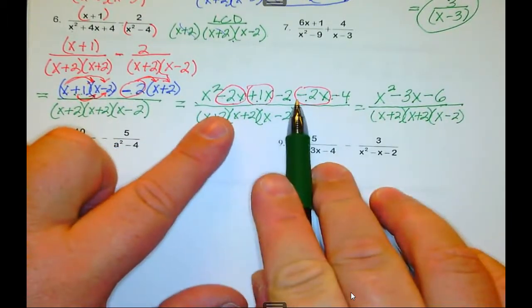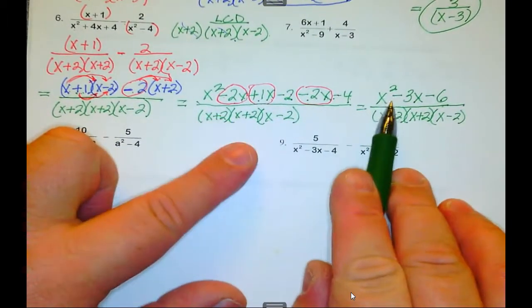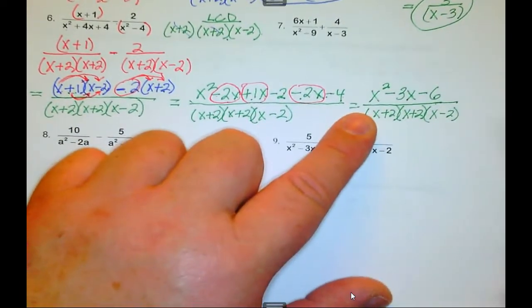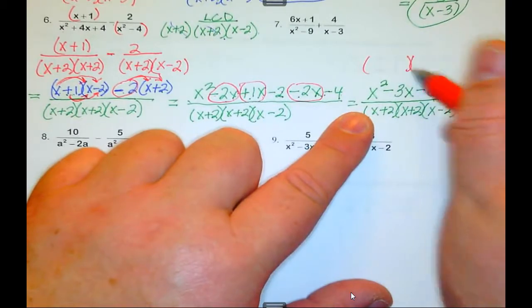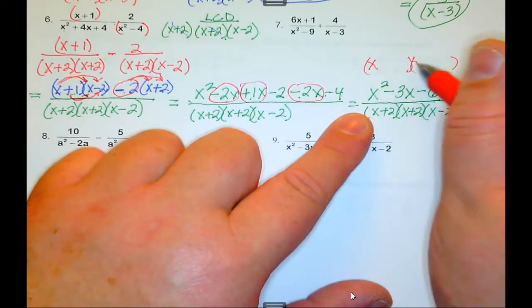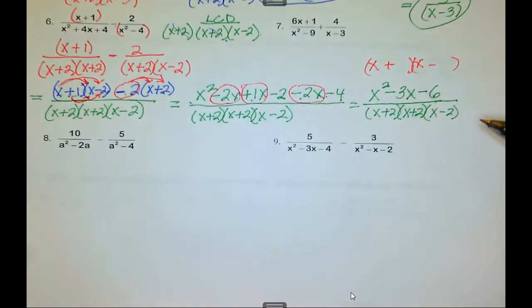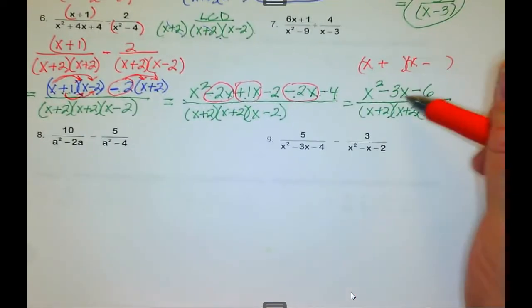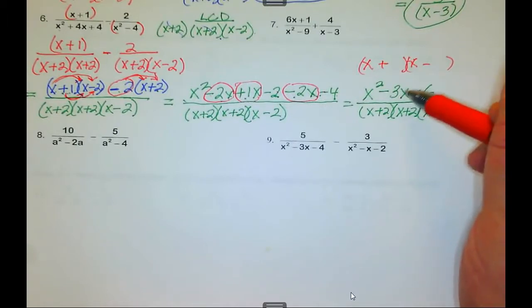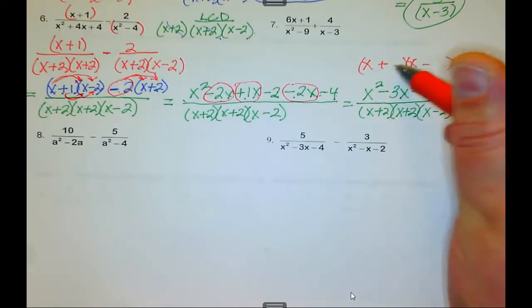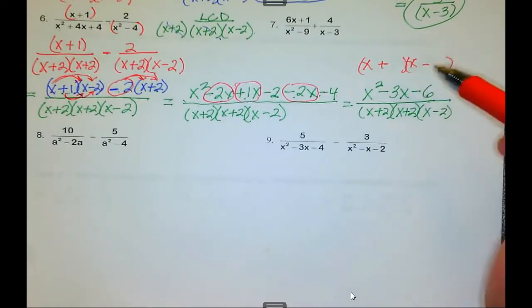Now that I've combined them all and simplified it, I need to check to see if there's factors. Let's see. An x, that's a minus sign, so we're going to be plus minus. Anything I can do to combine that would give me negative 3. 3 and 2, 6 and 1, nope.